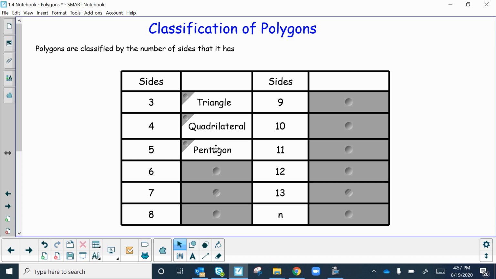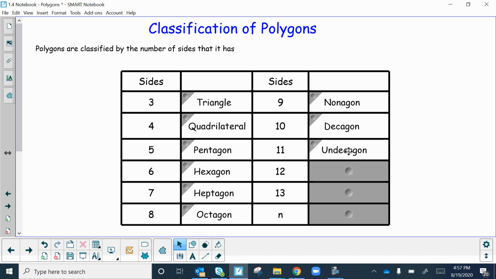We have pentagon that has 5 sides, hexagon 6, heptagon 7. I think another way to say that is septagon too, so both of those would be fine. 8 is octagon, 9 is nonagon, 10 is decagon, 11 is undecagon or hendecagon, 12 is dodecagon, and then 13, we can just go ahead and say 13-gon.